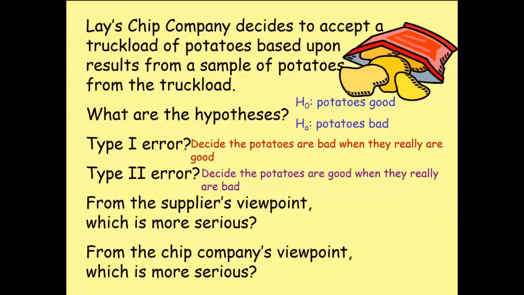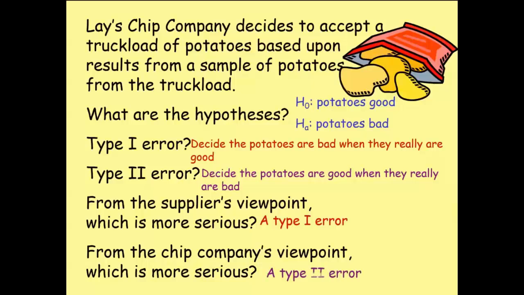Okay, now, which one is the worst error? Which is more serious? And this really depends on whose viewpoint. From the supplier's viewpoint, type 1 error is a lot worse, and the reason being, I've got a good truck full of potatoes, and you tell me they're bad, and you're not going to pay me money for them.